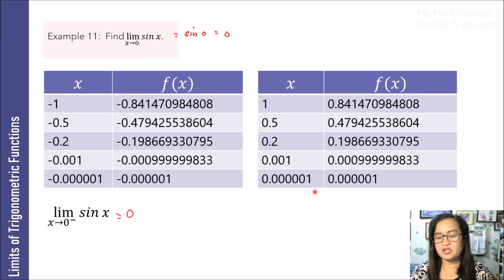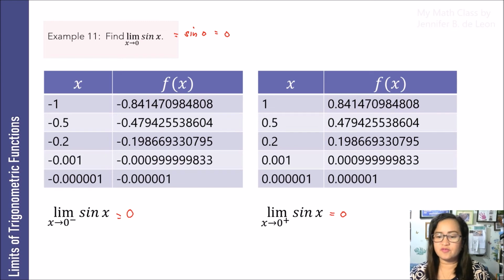If we look at the corresponding values of f of x, we can see the trend that the value of f of x gets closer and closer to 0. So, the limit of sine x as x approaches 0 from the right is 0.